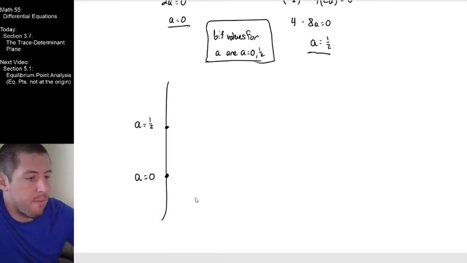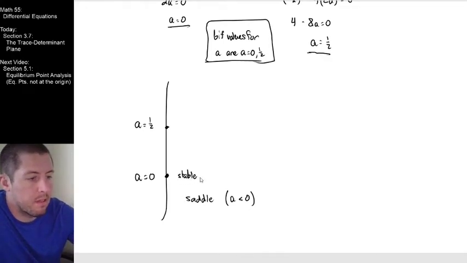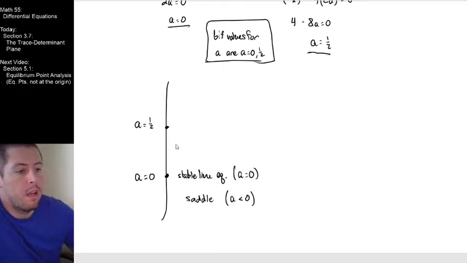So I think I can do my best classification here by just listing what the interval is next to it. So this is a stable line of equilibria for a equal to 0.